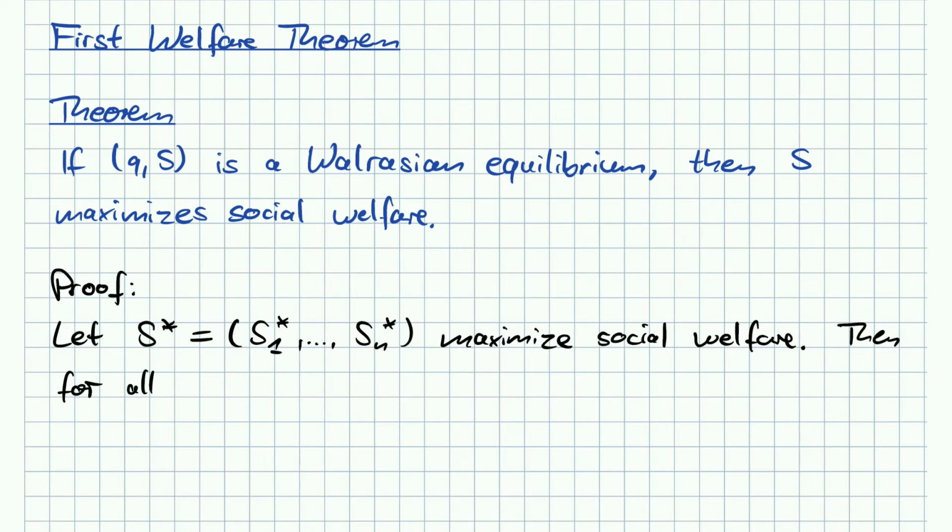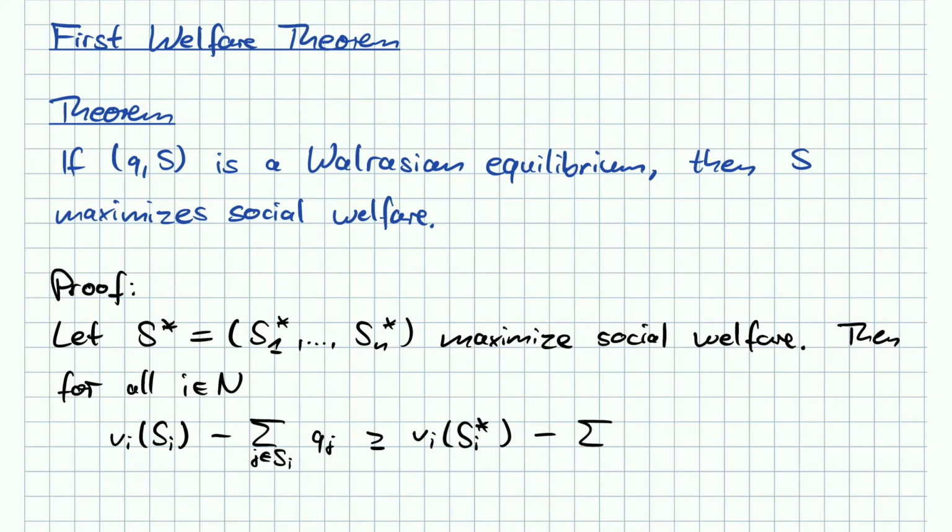Then, in our Walrasian equilibrium, every player is still happy with what they're getting, and they wouldn't rather want to get what they're getting in this allocation S star. So we can write this like this: v_i of S_i minus the sum of j in S_i of q_j will be at least v_i of S_i star minus the sum of the prices in S_i star.